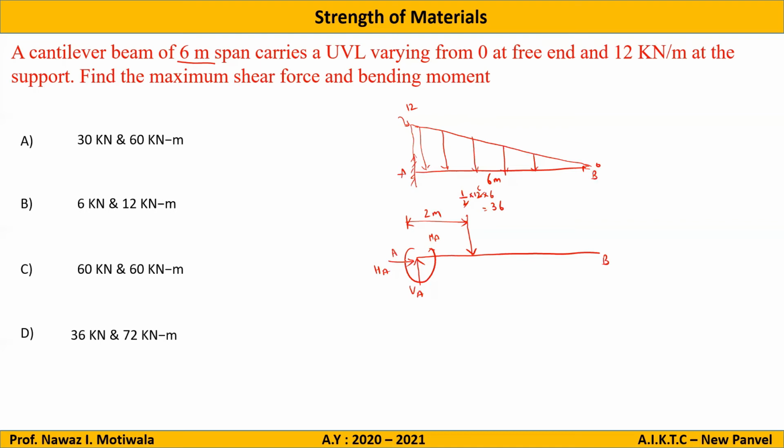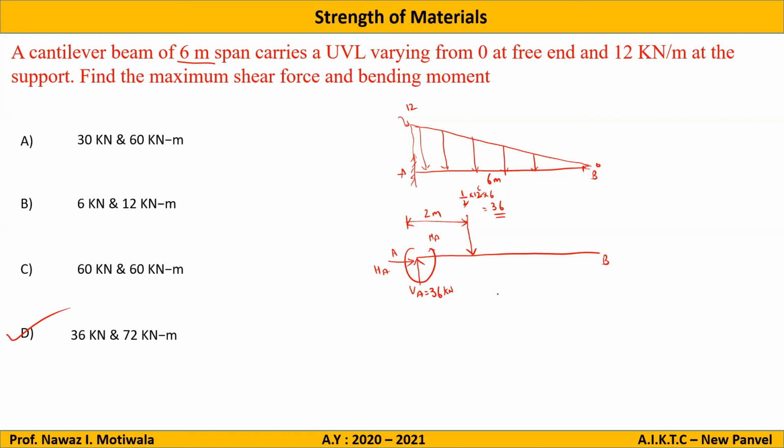Now the question asked is, what is the maximum shear force? Simply I can say that if this is 36, this also is 36, because there is no other vertical force acting. The maximum shear force is 36.